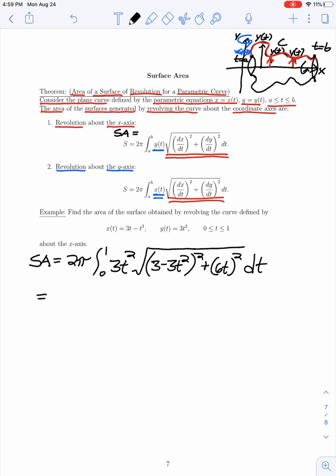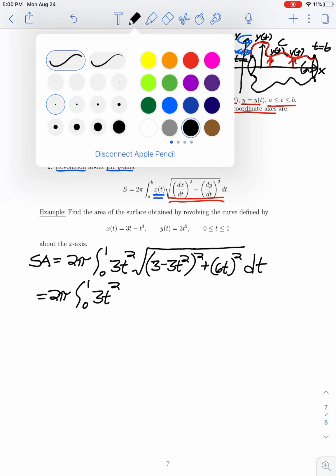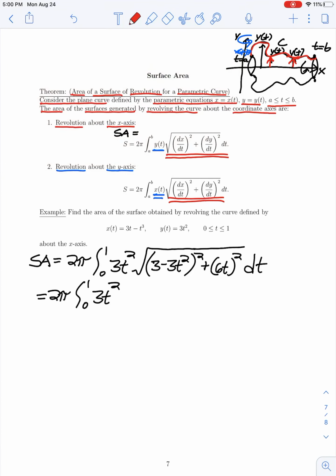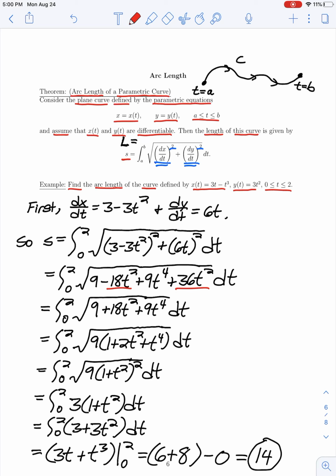So we have a constant 2 pi times the integral from 0 to 1 of 3t squared. Now notice, to save ourselves a little work, the expression under the radical is exactly the same expression that we had from the previous example.